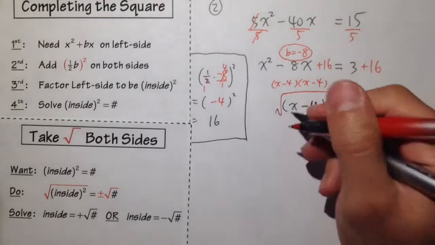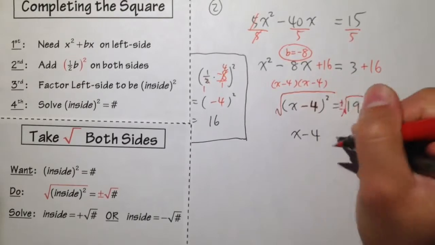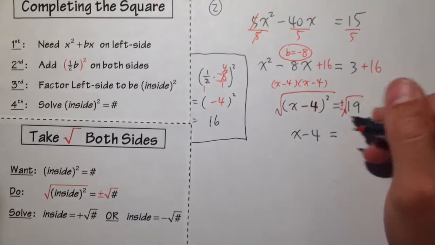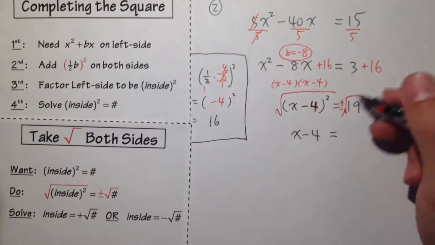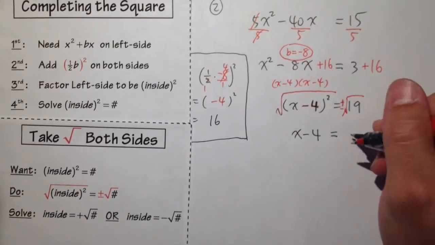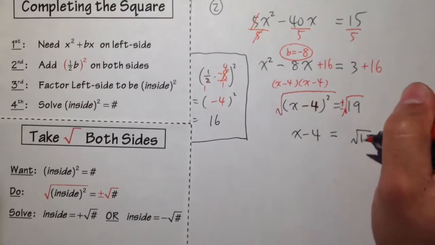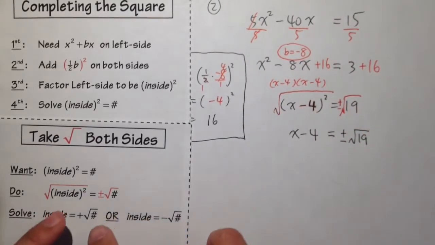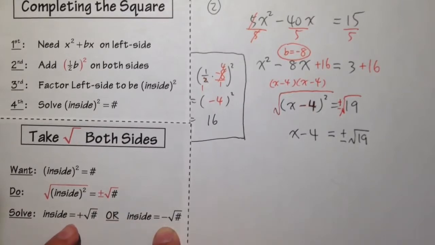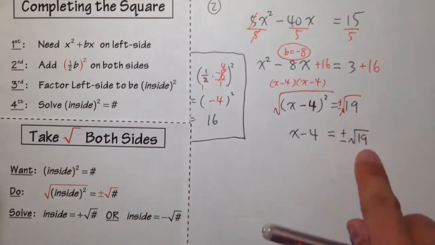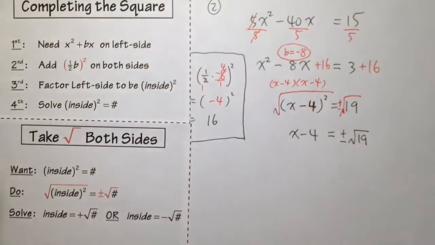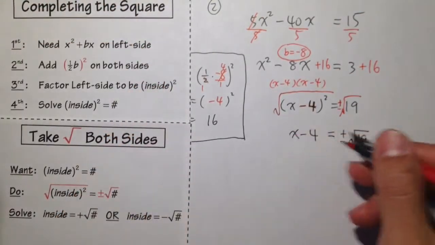The square root cancels, I get x minus 4 equals to, well, square root of 19. Again, we cannot simplify that, so we are just going to leave it as it is, square root of 19, and then maintain the plus minus. Even though here it looks like we should break down into two equations, indeed, right here we have the two equations as well, but we just condense the two equations into just one. It looks like just one.